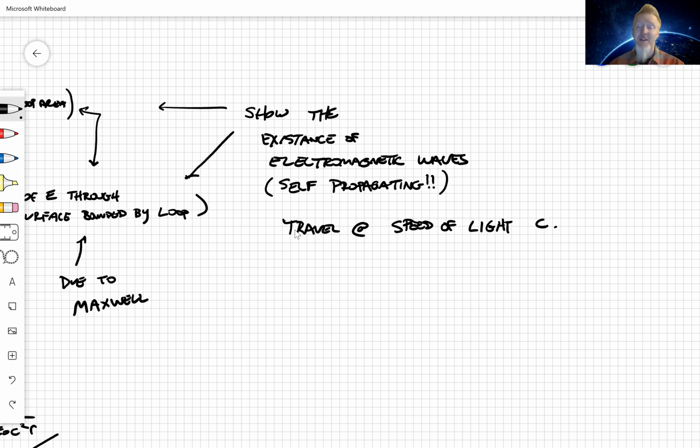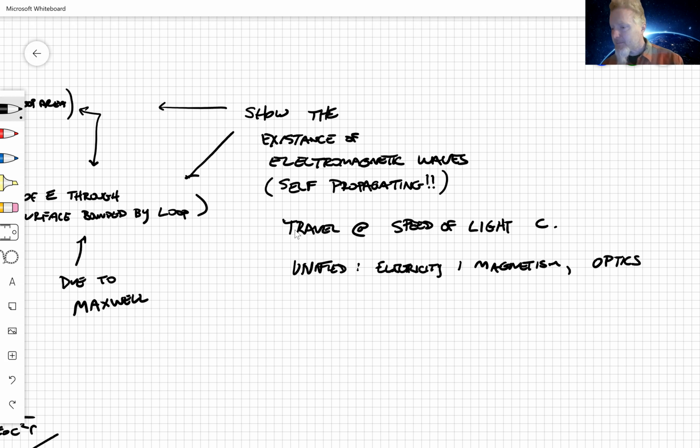Right here is another one. Maxwell has now unified the fields of electricity, magnetism, and optics. I wrote a quote of Maxwell's here.